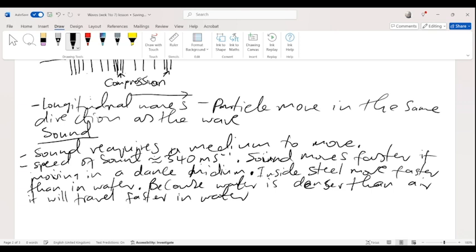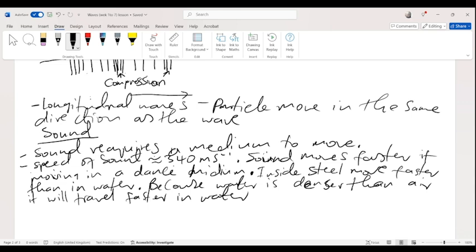So the 340 meters per second is the speed of sound traveling on air. I forgot to mention, traveling in air, it will have the speed of 340 meters per second.